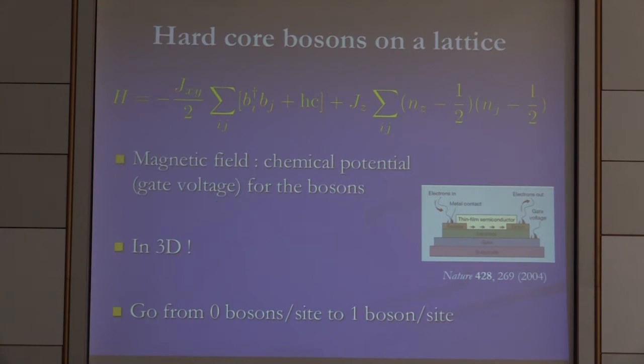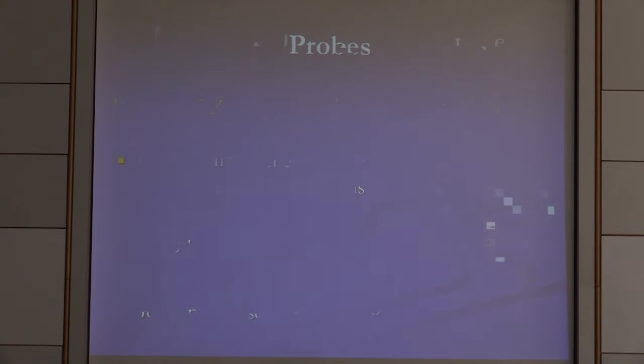In addition, as I said, the exchanges are usually relatively short range and well known, so we really realize a model here which is a tight binding model of bosons in a very precise way.